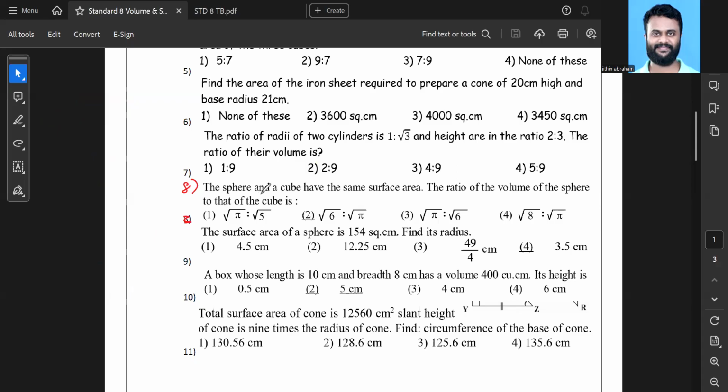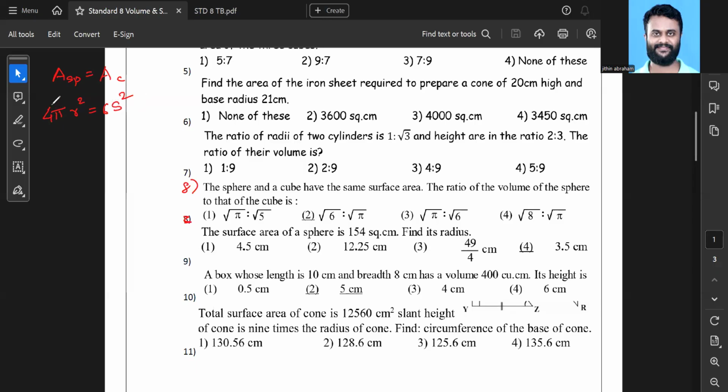Next, let's go for the eighth one. Sphere and cube have the same surface area. The ratio of the volume of the sphere to that of the cube is how much? First of all, the data they have given is the same surface area. Area of sphere is equal to area of cube. Now, the area of sphere is 4 pi r square and area of cube is 6 side square.